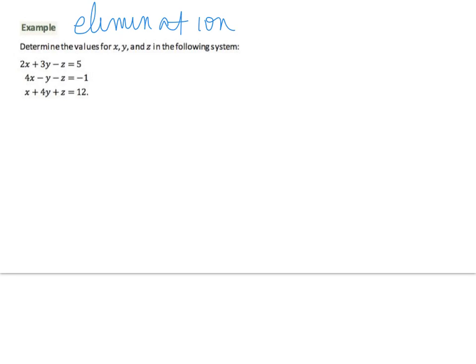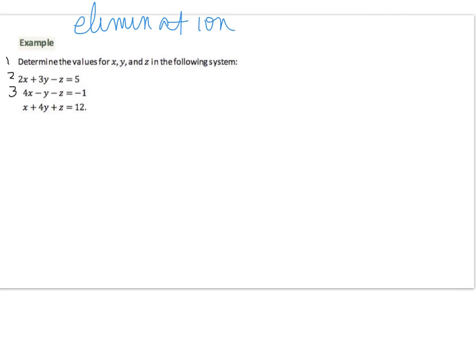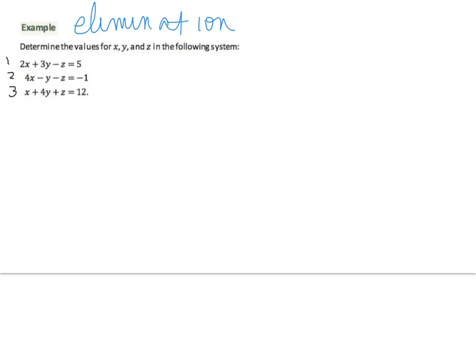So first thing, I'm going to number these, equation 1, equation 2, and equation 3. And then I'm going to sort of tell you what I'm going to do. So first, I think I'm just going to take equation 1 and add equation 3.